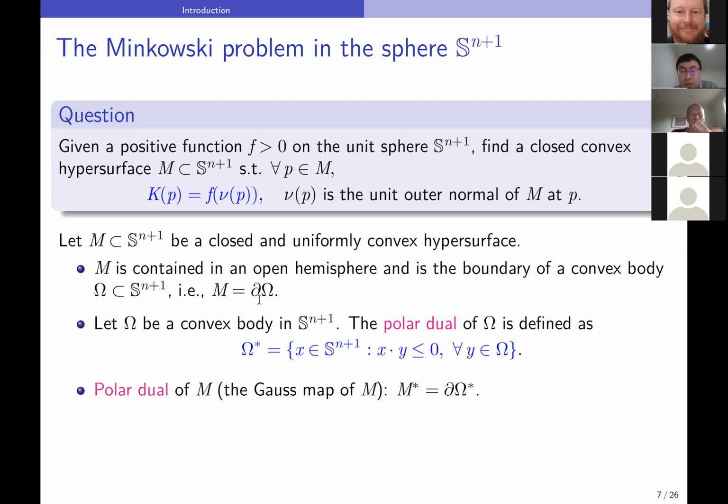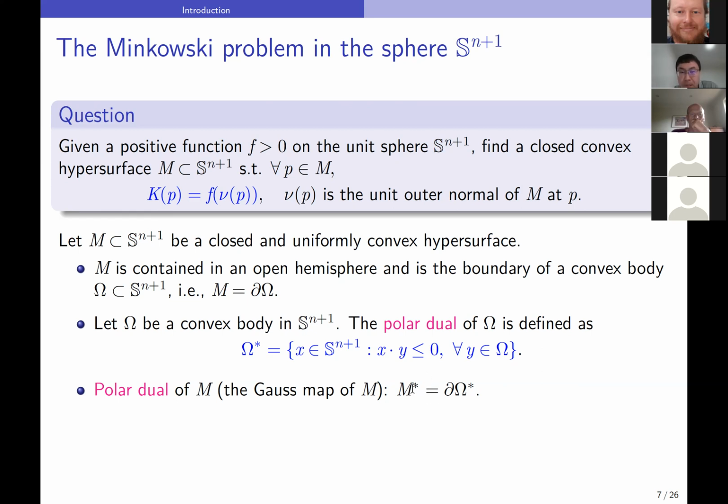For a convex body in the sphere, just as in the Euclidean case, we can also define its polar dual, omega star, which is also a convex body in the sphere. The only difference compared to the Euclidean case is that the dot product condition becomes x dot y less than or equal to 0.